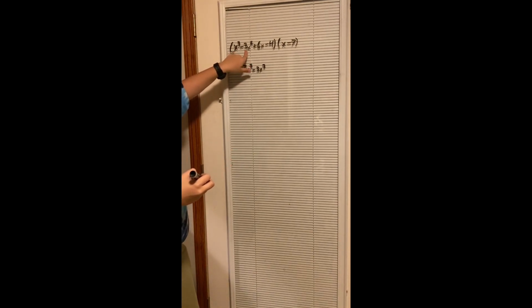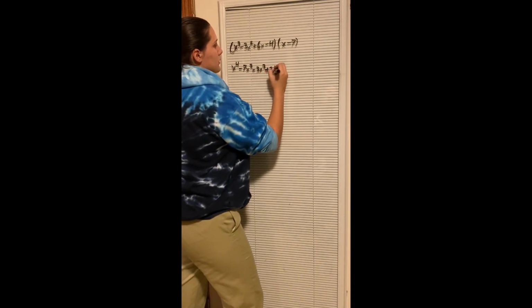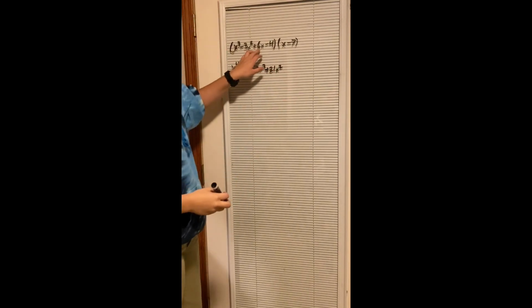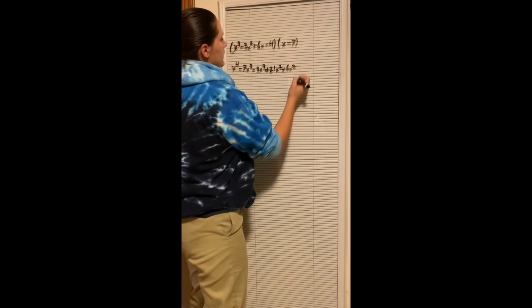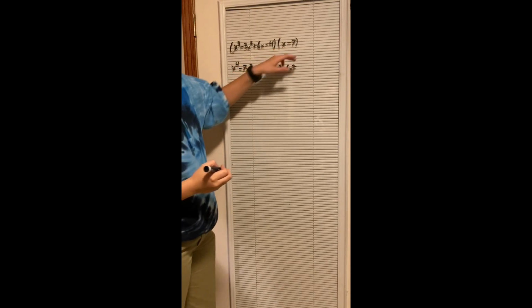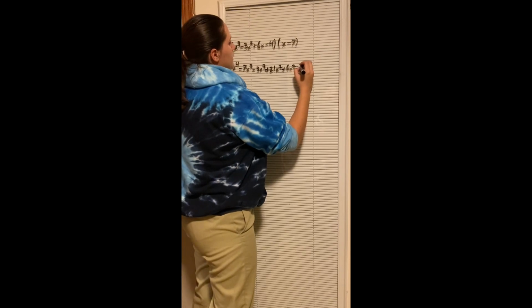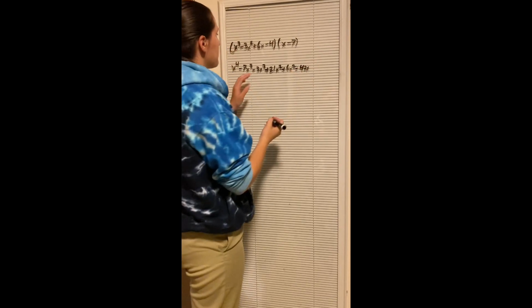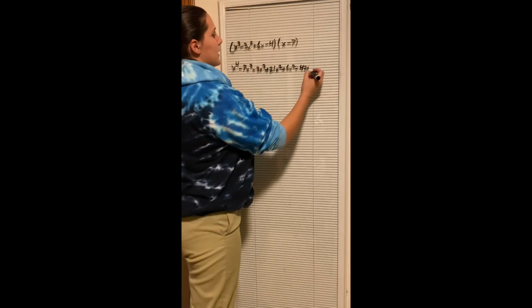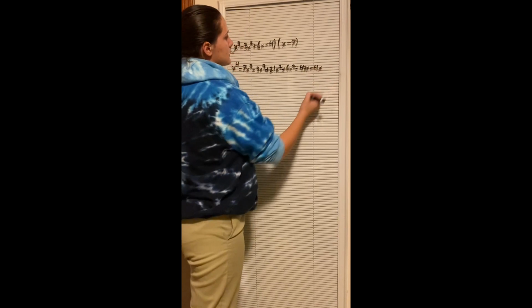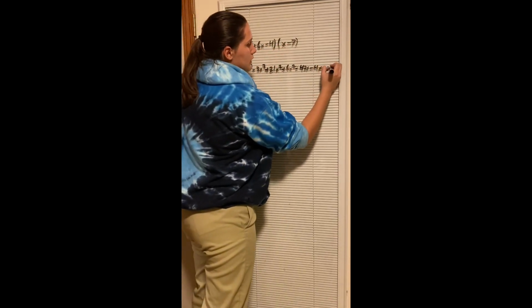Then negative 3x squared times negative 7 is positive 21x squared. 6x times x is 6x squared. 6x times negative 7 equals negative 42x. Negative 4 times x is negative 4x. And negative 4 times negative 7 is positive 28.